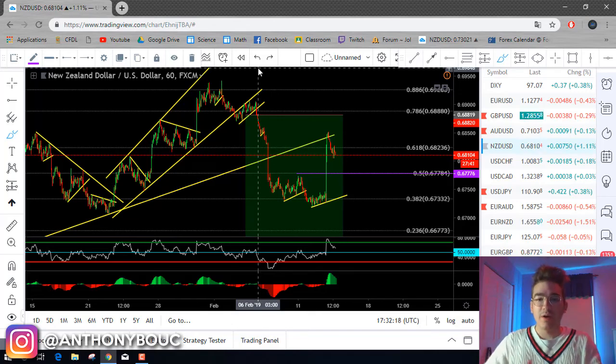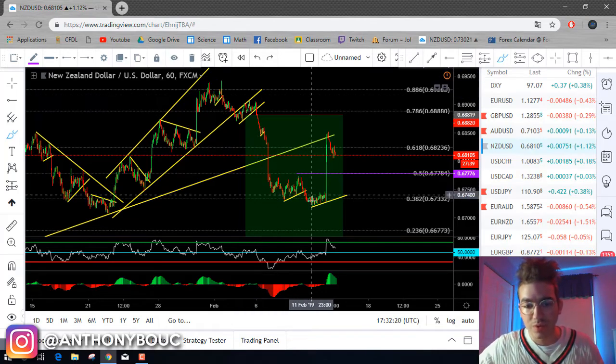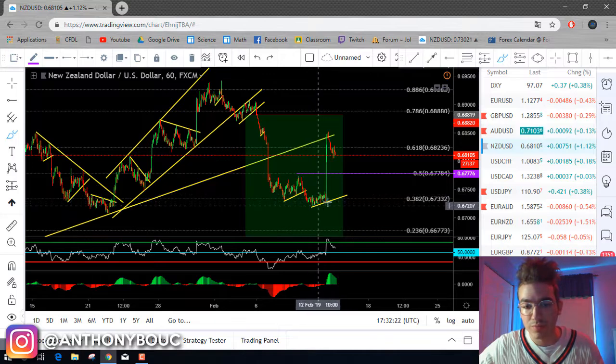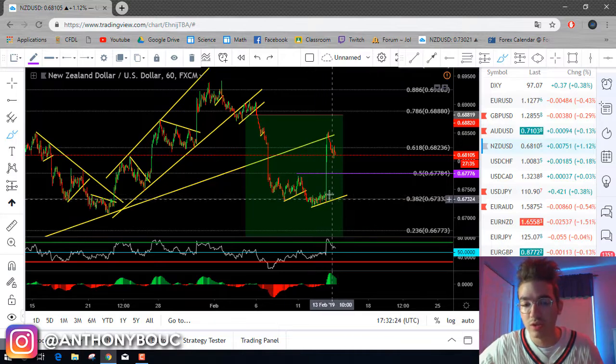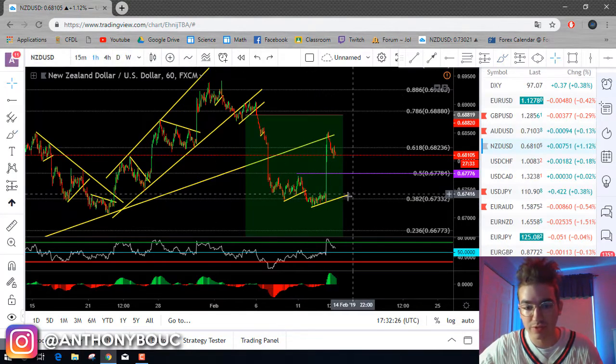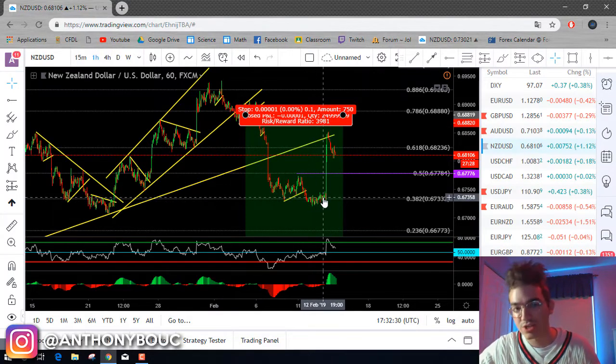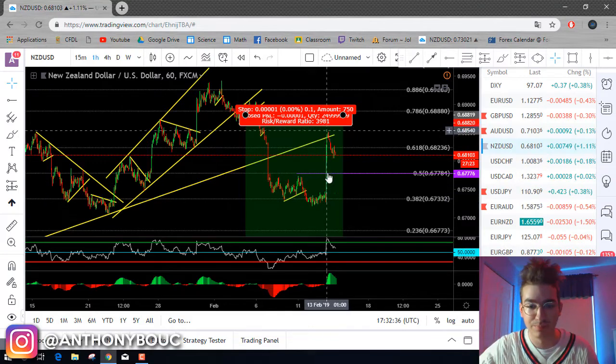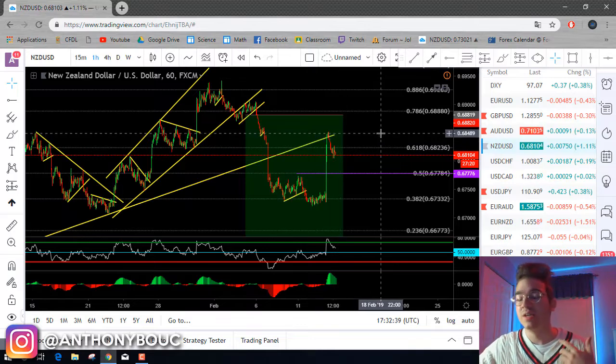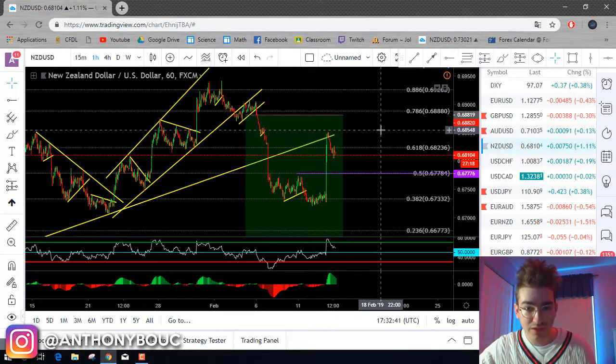Now, yesterday night, we were making this structure that was initially looking like a correction. Now it's not a correction anymore, so I can just remove this. But that was actually looking like a correction. Now, we had an important news event, which was the interest rate of the New Zealand dollar, which is this big spike up that you see here. That was yesterday night during the news event.